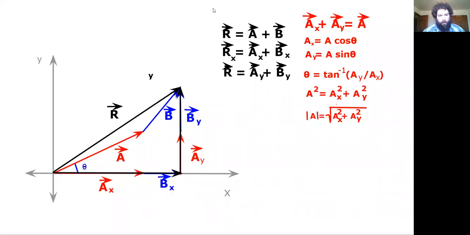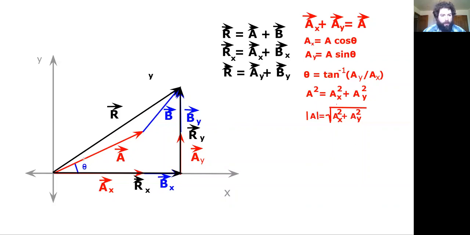That's Rx, that's Ry. Okay, you would just plug them into these equations, and that's in the book.